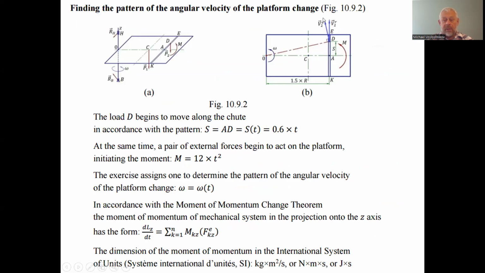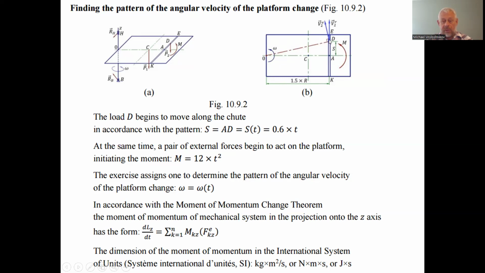So let me show you on the picture here. We have this transfer velocity, when the load moves together with the rotating platform. This velocity depends on a definite radius. First, this radius from point 0, the point where the axis intersects the platform, to the instantaneous point of location of the load.